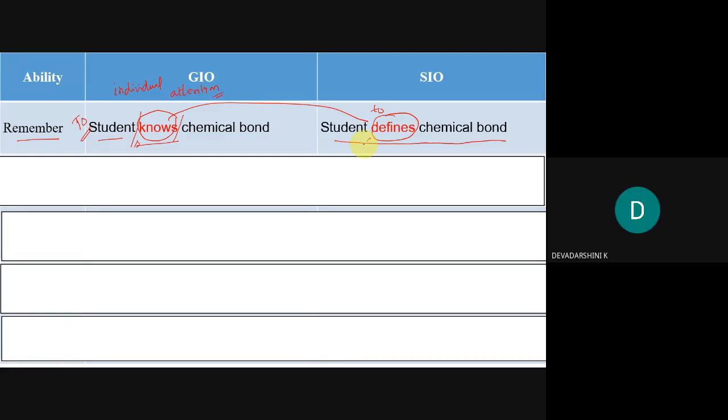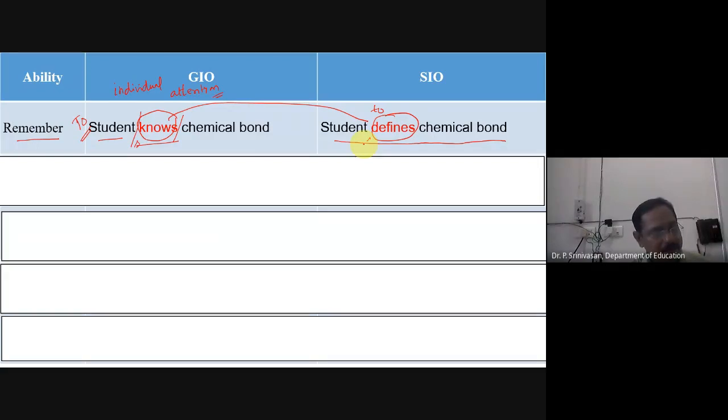Okay, no problem. Any other student? Maithili. If you put "to", it means that we are making it mechanical, to know, to define.